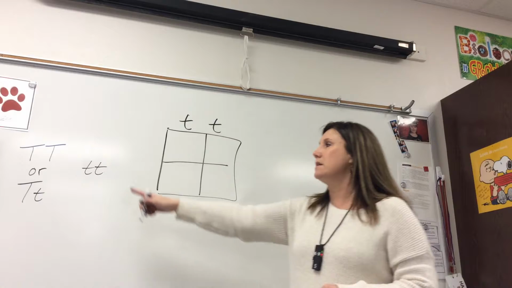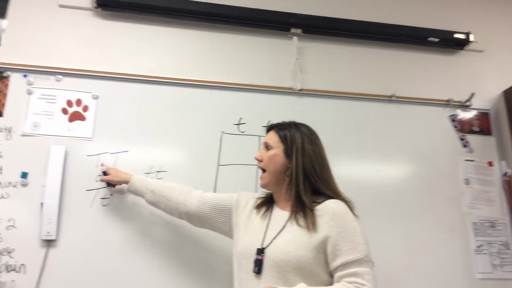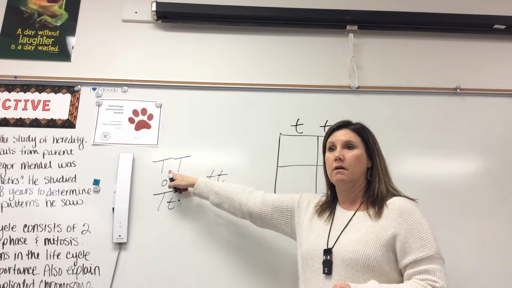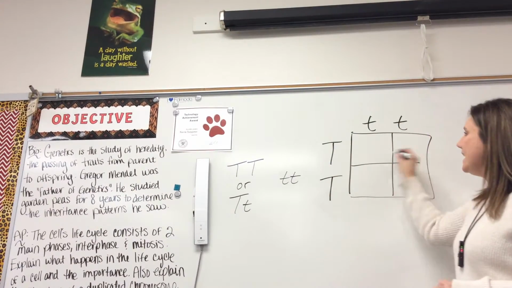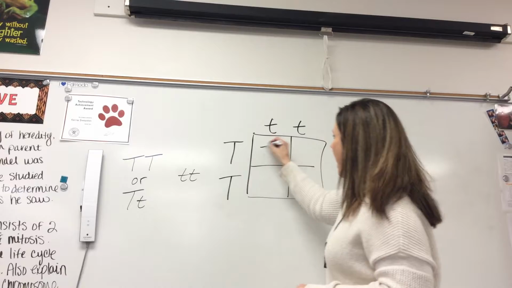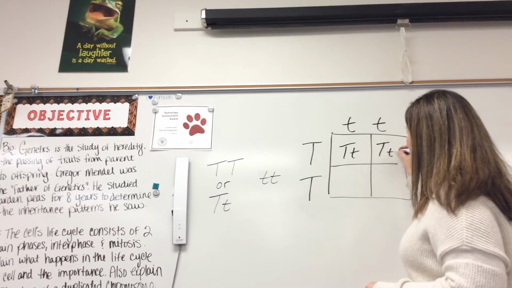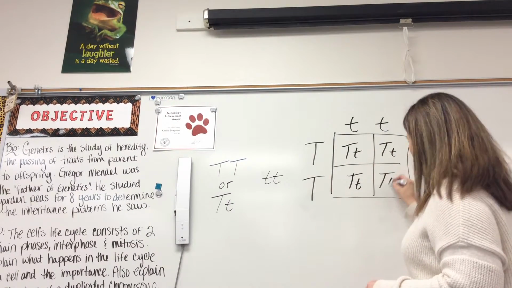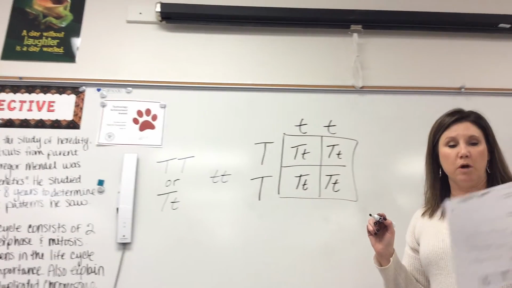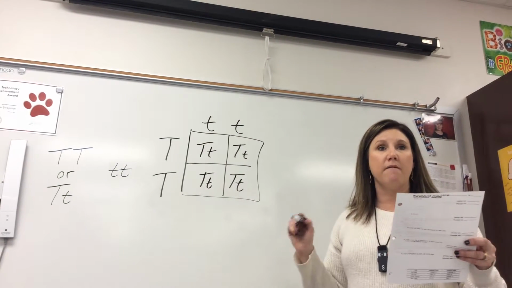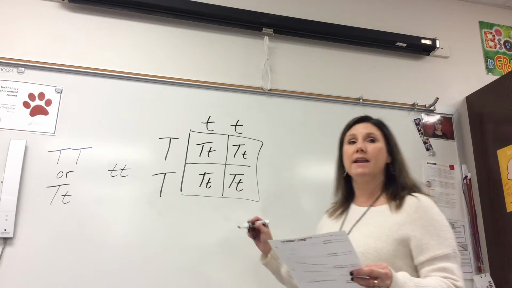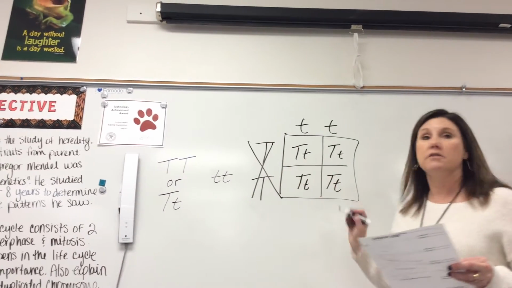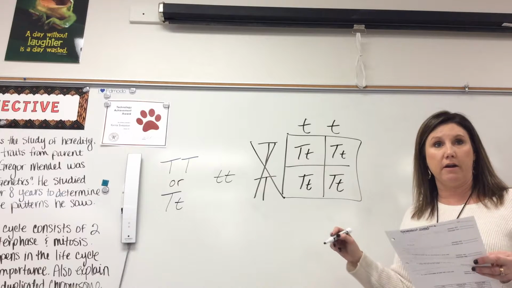Okay? So let's reason through this. If I used this parent and I put this parent here, do I get any short babies? No. I get 100% tall babies. And that's not what the word problem said. It said some of the offspring are short. Are y'all with me? So I know this cannot be the genotype of the tall parent.